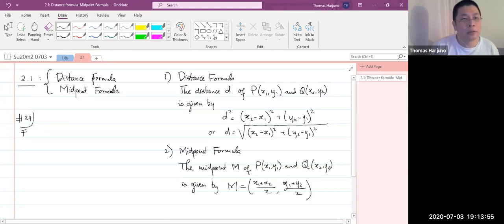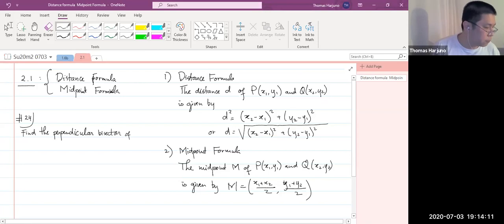Find the perpendicular bisector of segment AB, where A is (-3, 2) and B is (5, -4).